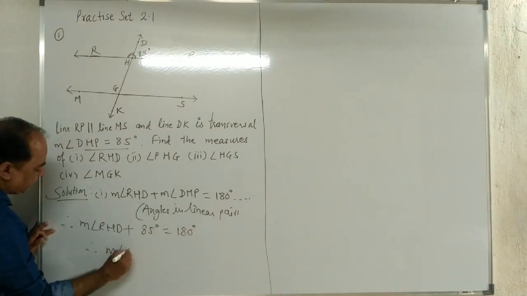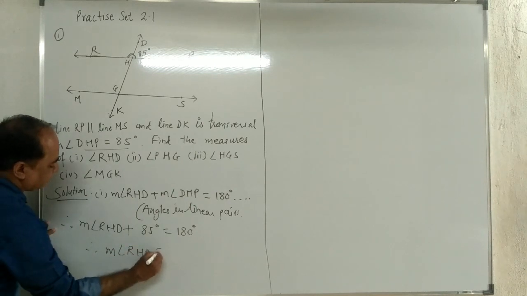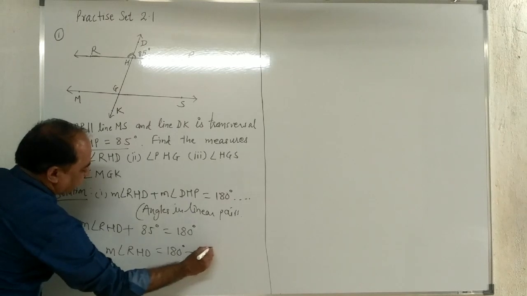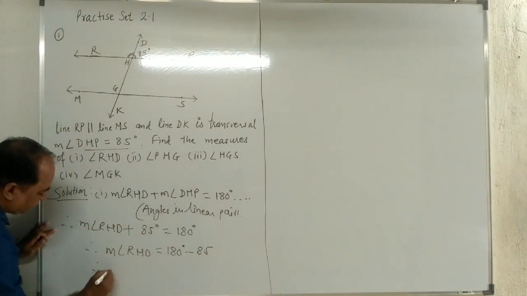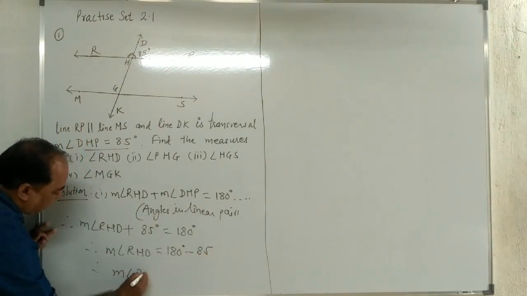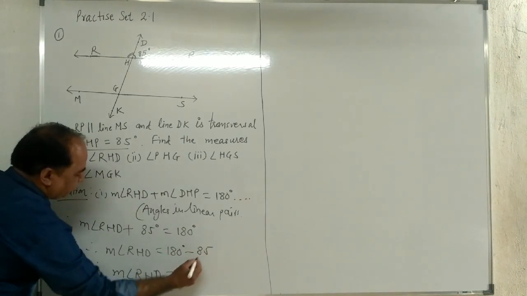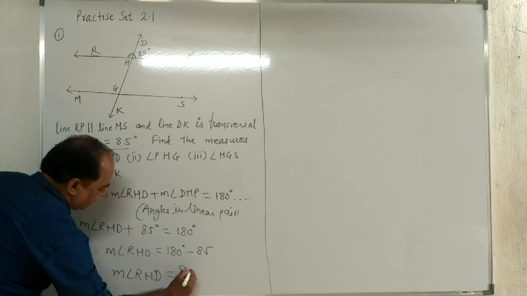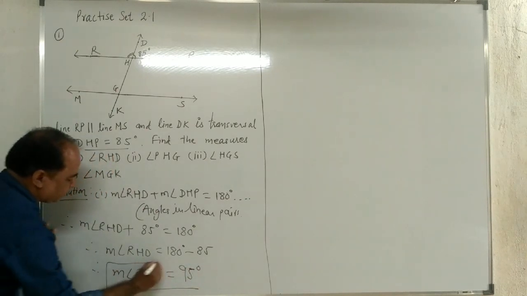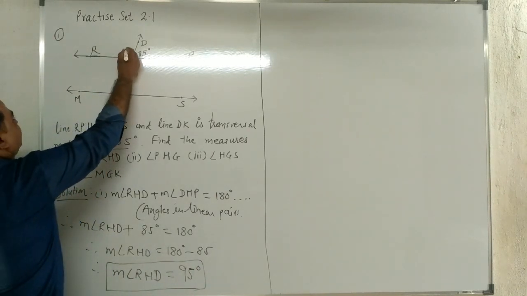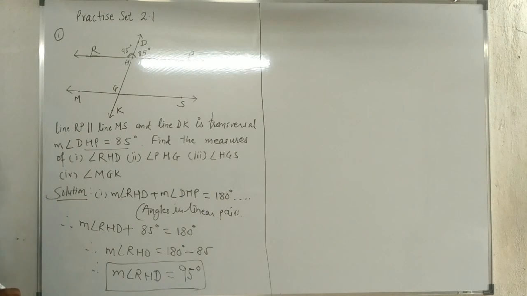Therefore, measure angle RHD is equal to 180 minus 85, which is 95 degrees. So this angle RHD is 95 degrees.